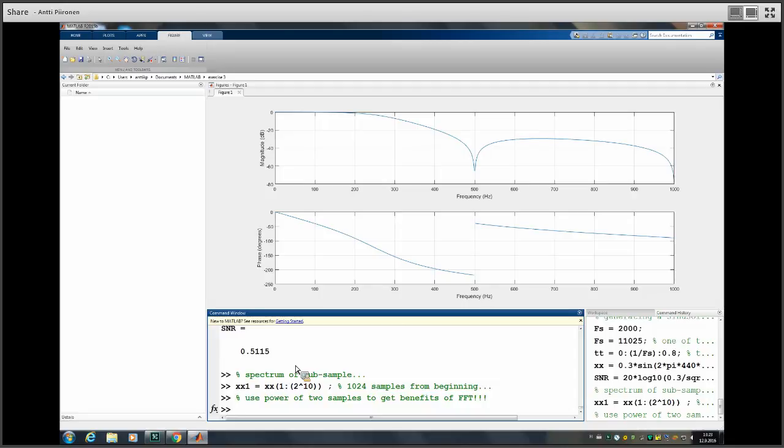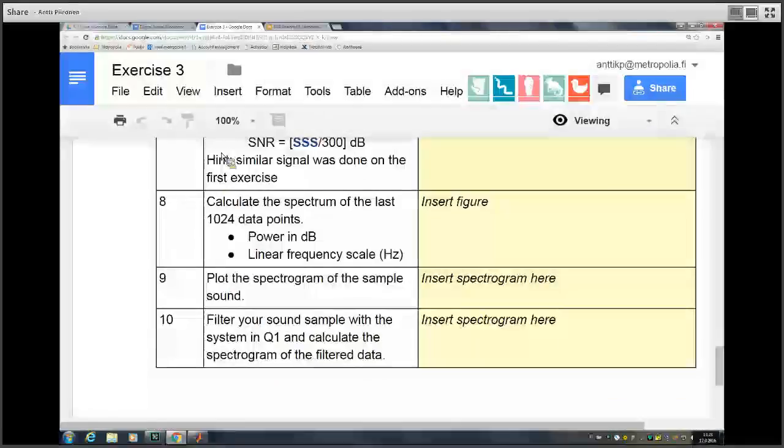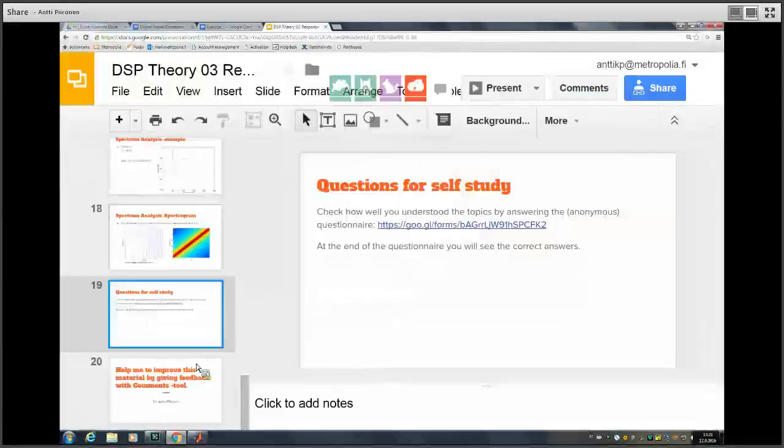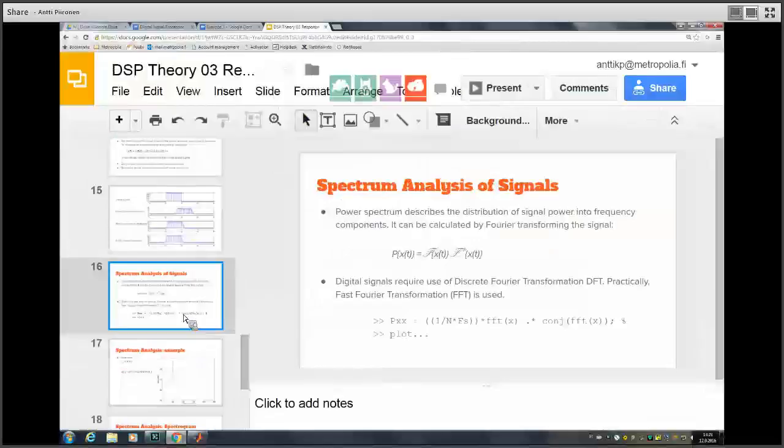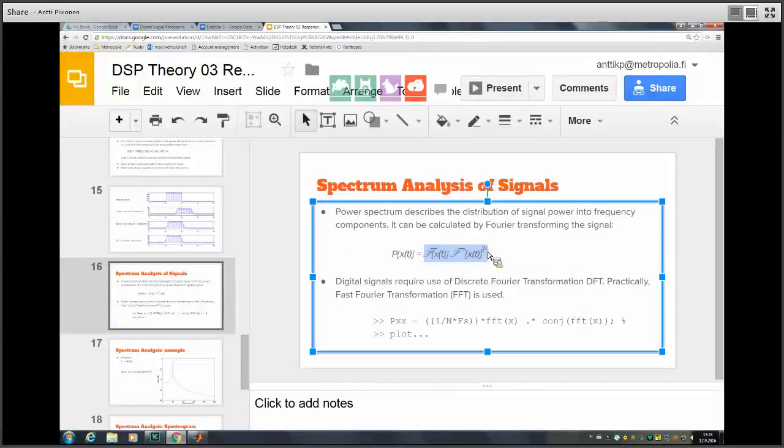Then we calculate power, which means that we take. Oh, okay. Where did we have it. All right, let's take a quick look. Okay, we need to calculate the Fourier transform of xt times complex conjugate of Fourier transform of xt. Oh, wow, that's nice.